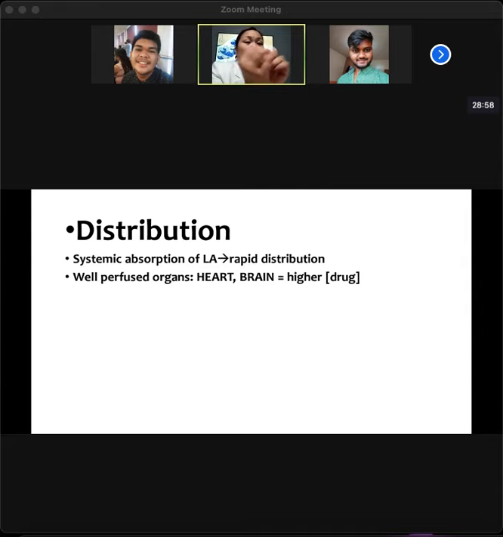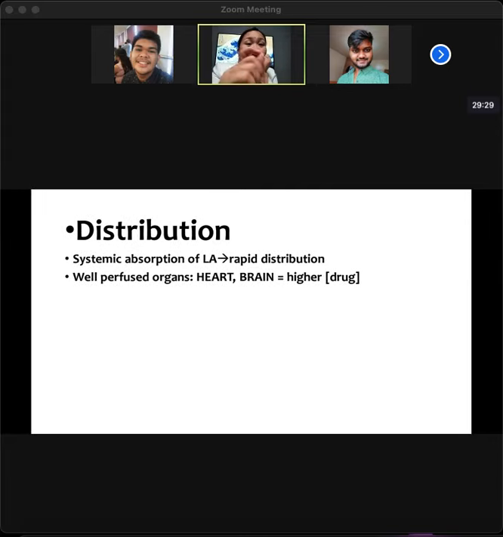And then how about the distribution of your local anesthetic? Systemic absorption of local anesthetic equals rapid distribution. Once you have given your local anesthetic, it will be absorbed readily and distributed readily, especially to the well perfused organs such as the heart and brain.